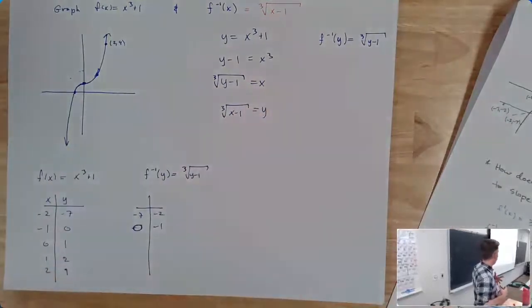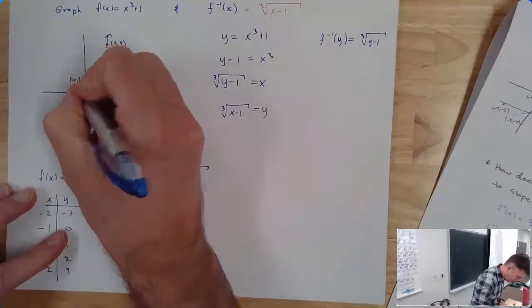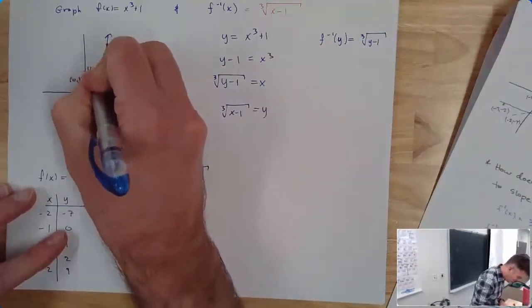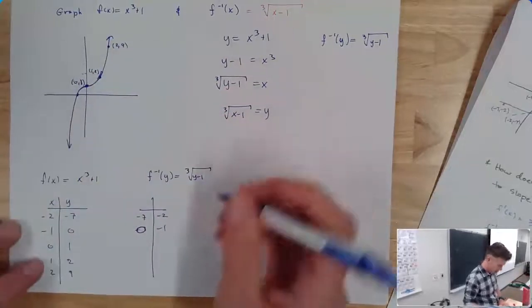It doesn't feel straightforward at first, but there's this very straightforward relationship: we're actually switching x and y, and on the graph, the x and y coordinates are just changing places. So instead of getting the points (0, 1), (1, 2), and (2, 9), we're going to get the points (1, 0), (2, 1), and (9, 2), which is exactly what we get.